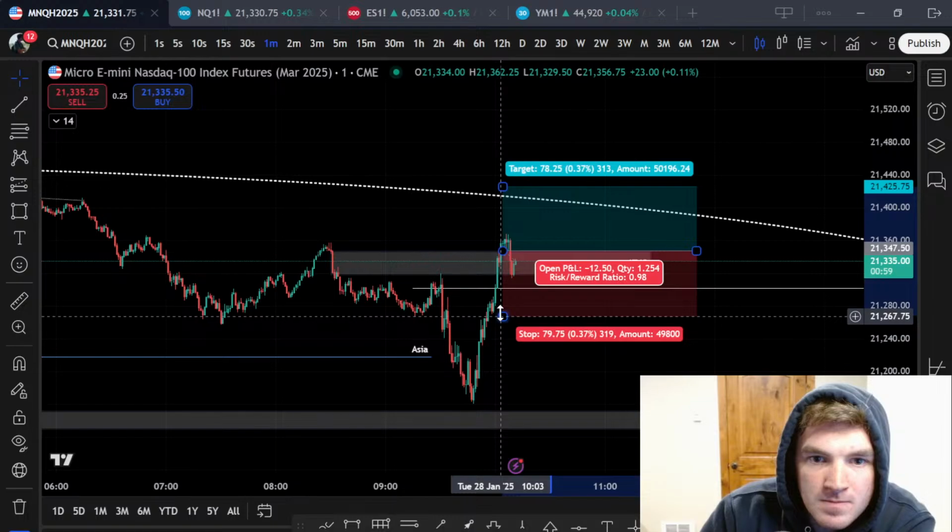I might need to have my stop here because since I got 2 contracts, it's risking a little more than I want. That's what I'm going to do. I'm going to move it up just a little bit because I don't think we should retrace that much.